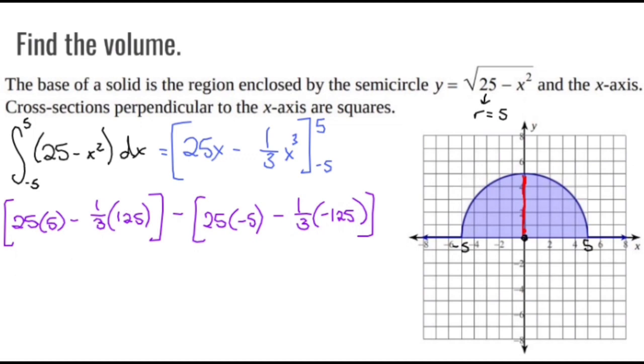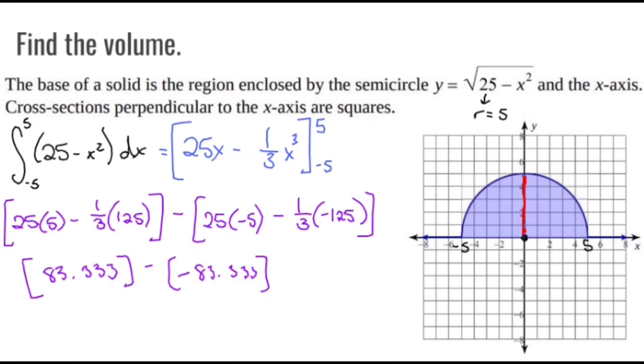So what is it? What's a third of 125? Let's ask Siri. What's a third of 125? It's approximately 41.6666. All right, so 125 minus 41.666 is 83.334. So this is going to be 83.333 minus negative 83.333.